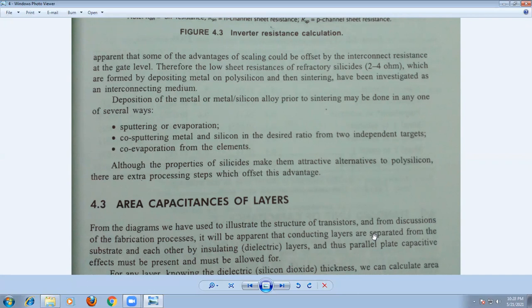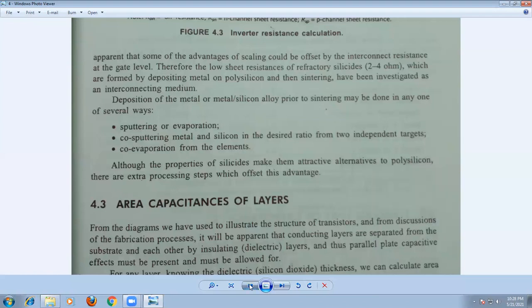Whenever you use polysilicon in the structure, you know that in submicrometer technology the sheet resistance of the polysilicon varies from 15 to 100. But what about the silicide? It is 2 to 4 only.